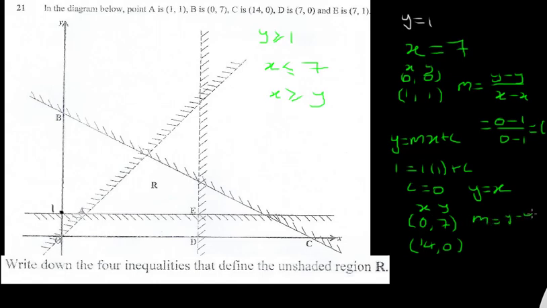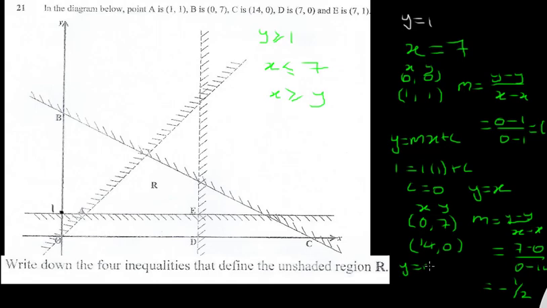So gradient equals y minus y over x minus x, and we have 7 minus 0 over 0 minus 14, which then gives us negative 1 over 2. Am I right? I believe I am.